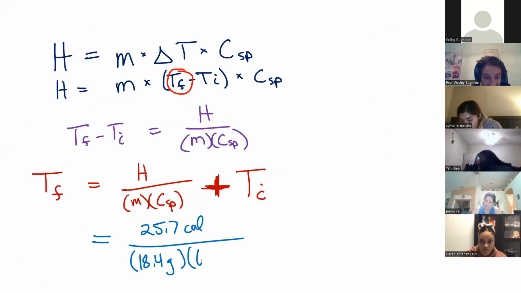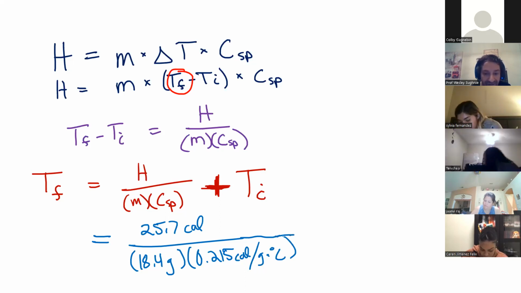So 0.215 calories per gram times degrees Celsius. Now, it is very important, and I will always tell you guys, the purist in me always wants to take points off exams when people don't write their units on there.